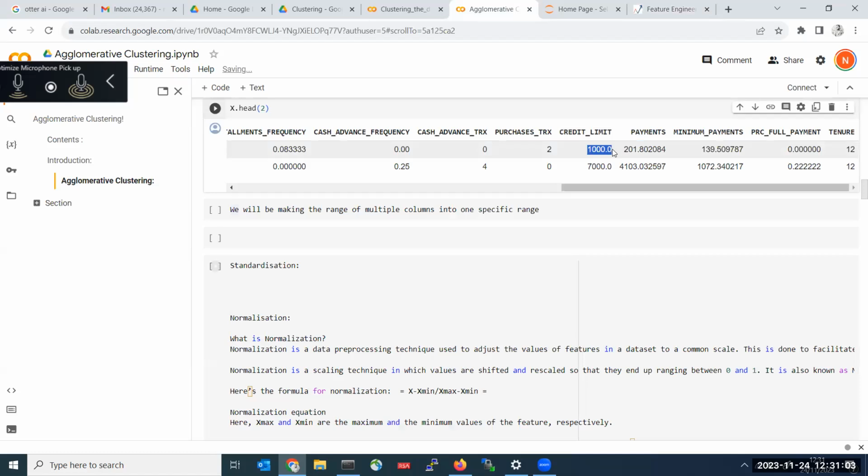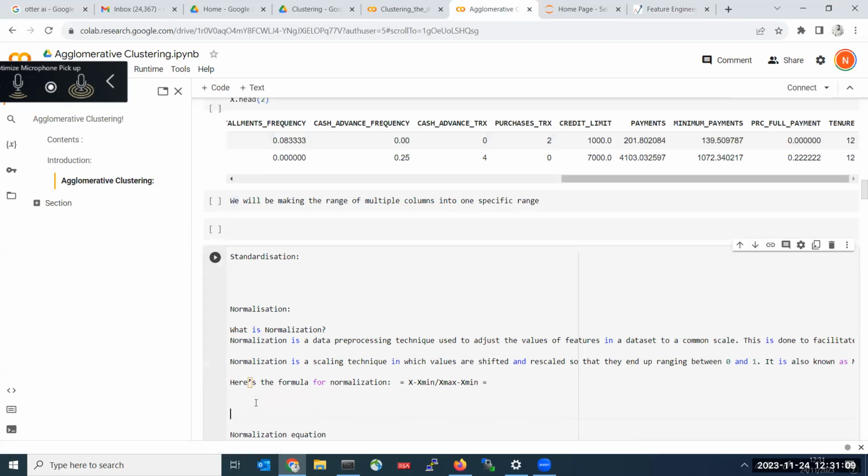So for example, here in this credit limit feature, if you have a minimum value equal to 100, and a maximum value equal to 65,000, then what is my present value?